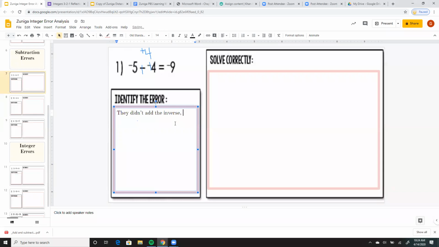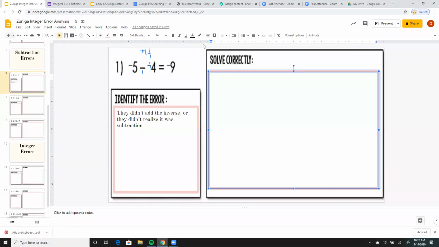Or they didn't realize it was subtraction, because they added it. So instead, I would have that negative 5 plus that positive 4.